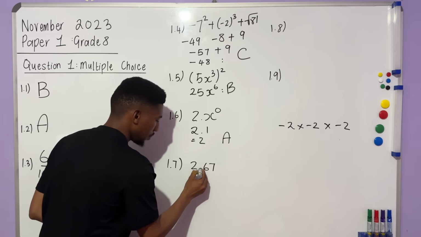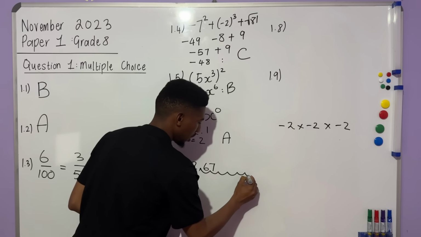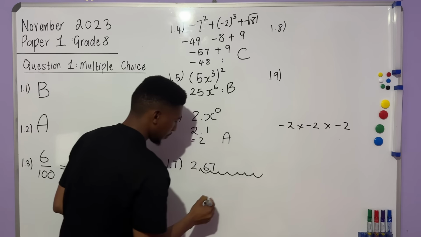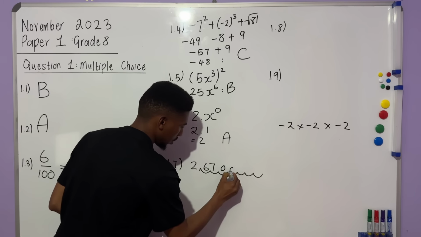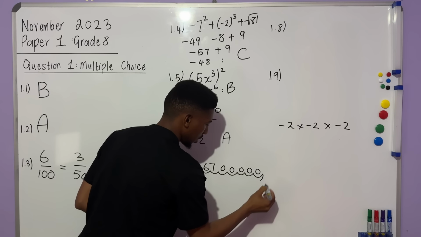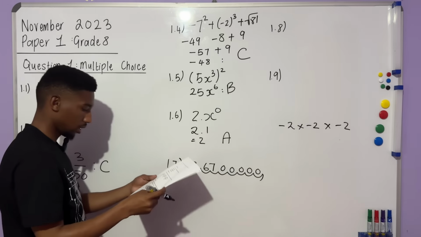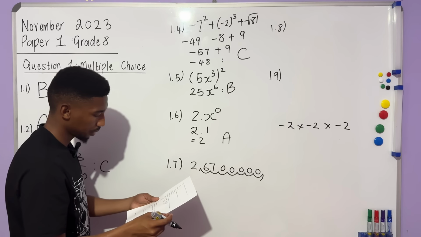So we're going to move this decimal 1, 2, 3, 4, 5, 6, 7, and we're going to add a 0 in each of these gaps here, and the comma goes there, right? And that answer would be A.